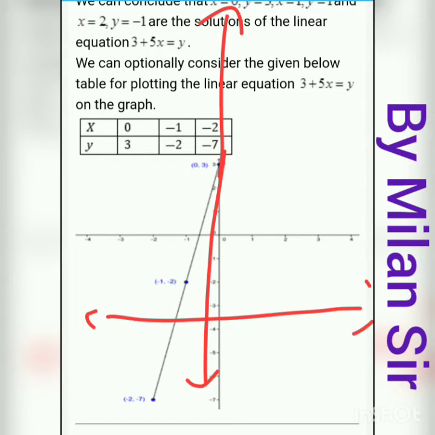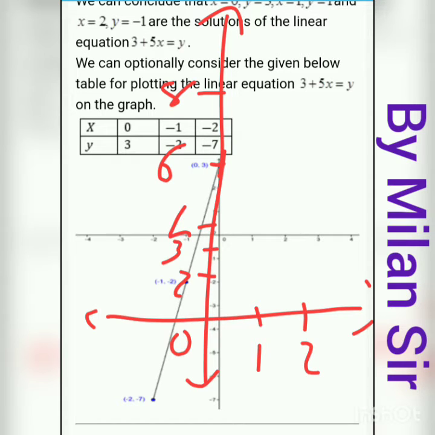Our first point is (0, 3), right? So here we have 0, here 2, 4, 6, 8, so here we have 3, right? And for x, 1, 2. Now we can locate our point, right?